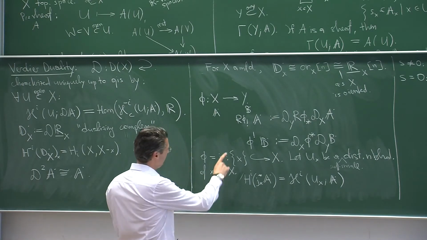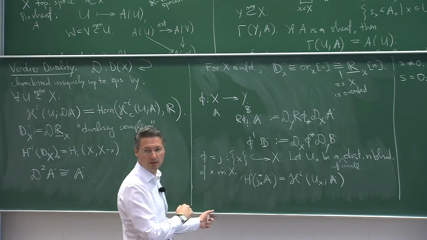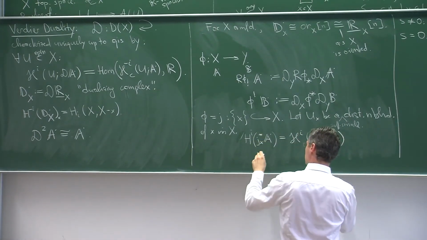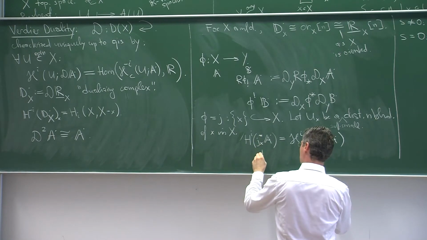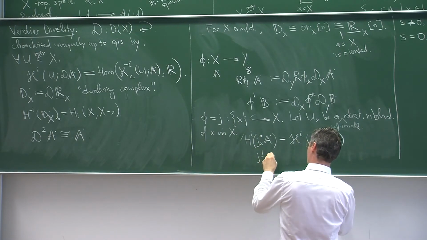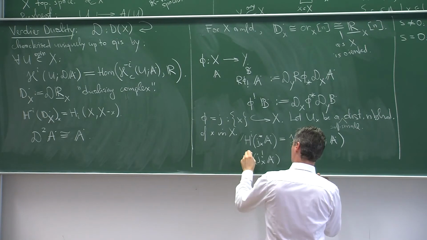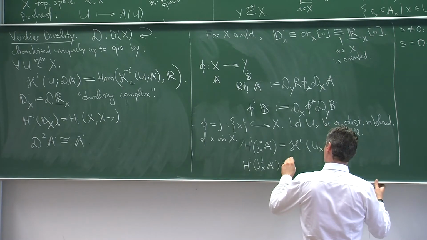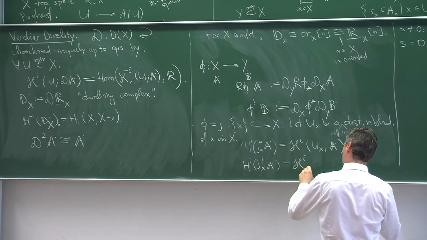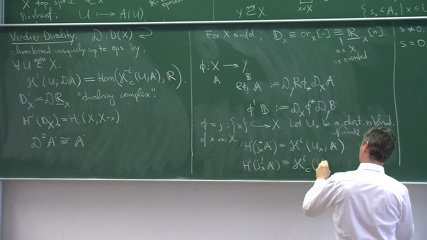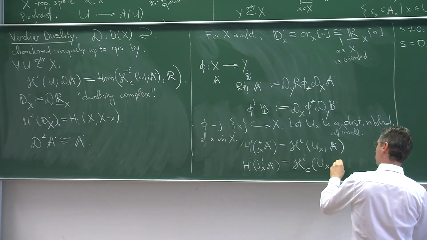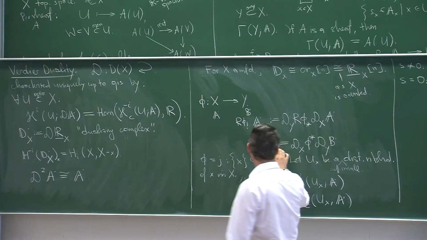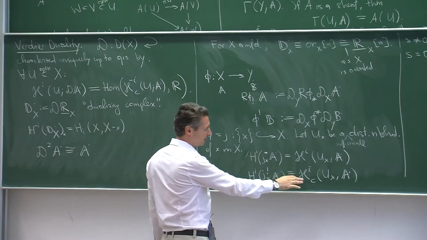And now similarly, if you use the shriek restriction, you have a similar interpretation. So if I use, instead of Jx star, the ordinary restriction, the shriek restriction and want to compute the cohomology of that complex over a point, then as it turns out, this is just the compactly supported cohomology of such a distinguished neighborhood with coefficients in A. So you should think of this as a pullback with compact supports, right?